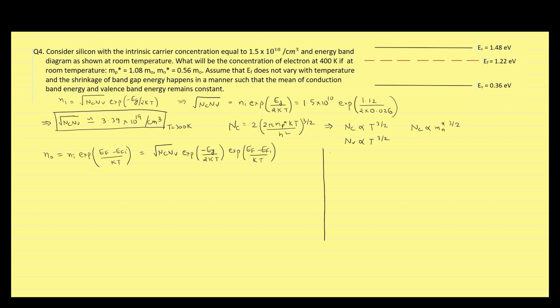Now, as you know already, EFI, which is intrinsic Fermi energy level, changes with temperature, and we have a formula which is equal to EC plus EV by 2 plus 3 upon 4 kT into natural logarithm of effective mass of hole divided by effective mass of electron.